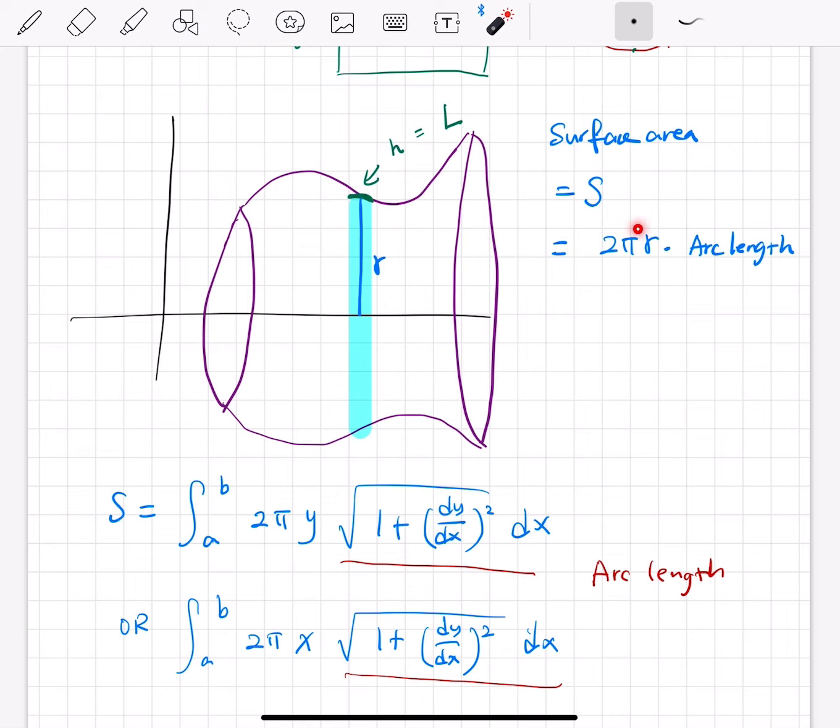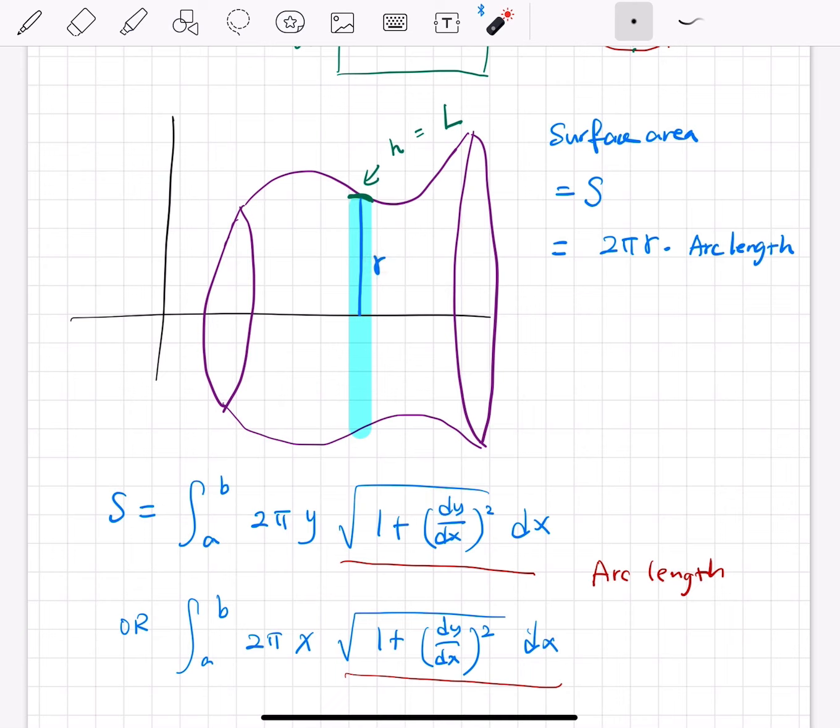Then for the circumference 2 pi r, I do not want to come up with any kind of rules you must follow, but normally speaking, if we're going to rotate along the x-axis, your radius r is going to be the y. If you have dy, you keep it as y. If you have dx, you rewrite y in terms of a function f of x.